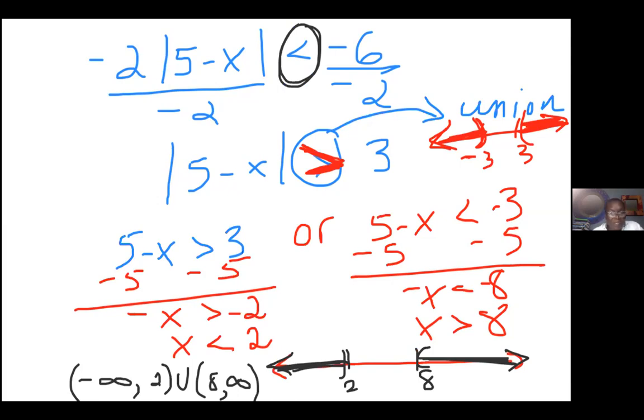But because once we started manipulating the problem, we realized, wait a minute, this is greater than, it's actually a union, okay? That completely changes the problem, okay? So math requires a lot of versatility and flexibility for you to deal with it, guys. So you have to be able to think critically about these problems when you're doing these problems. Don't just do the problem without thinking about what you're doing, what sense it makes within the context of the problem. You have to be thinking about those things, okay?